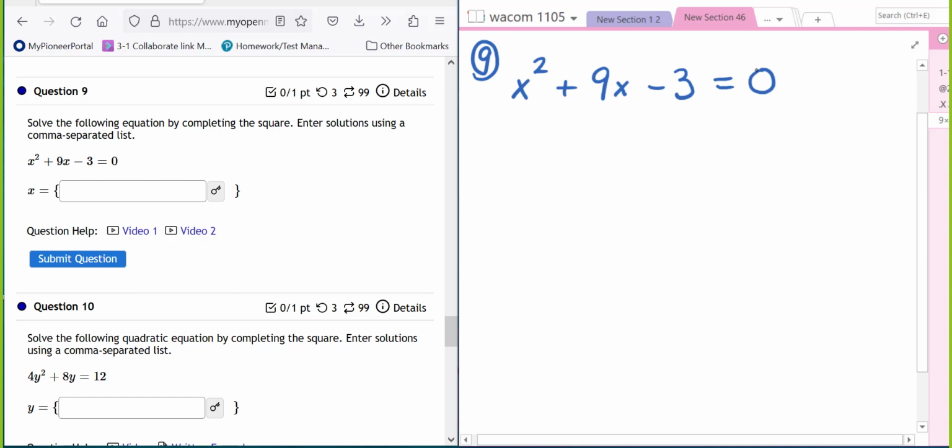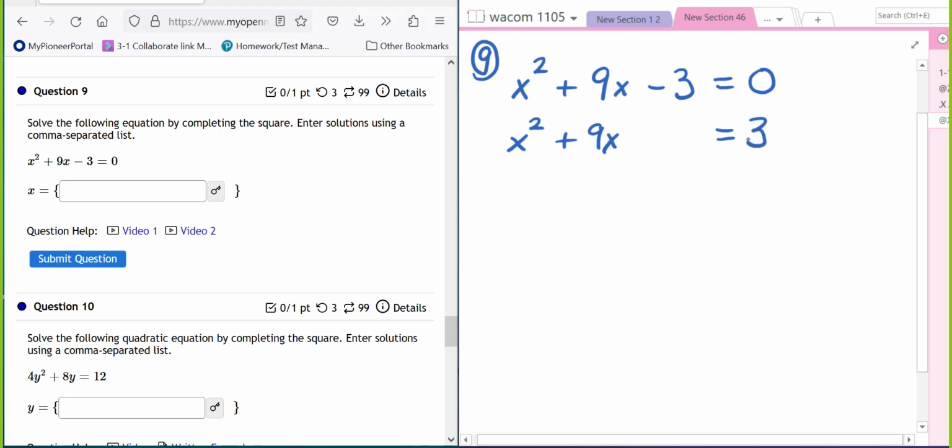And the first step is okay. Your leading coefficient is 1. You need to get the x terms by themselves. So I have x squared plus 9x. And I'm going to add that 3 to both sides.